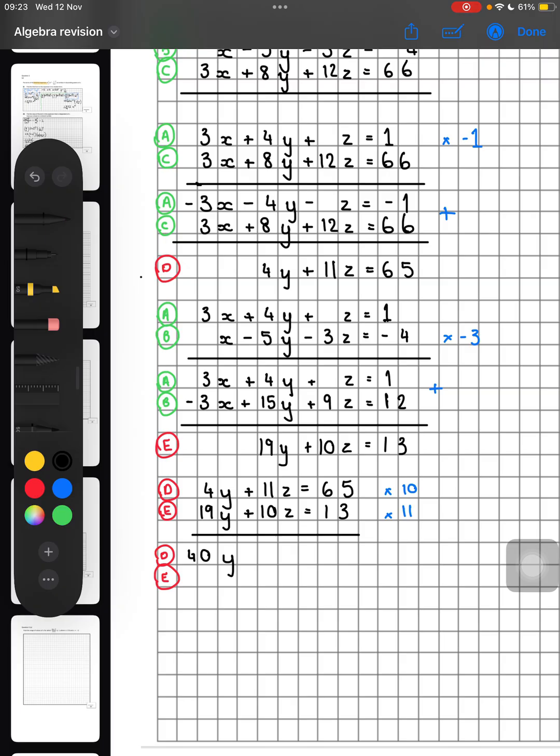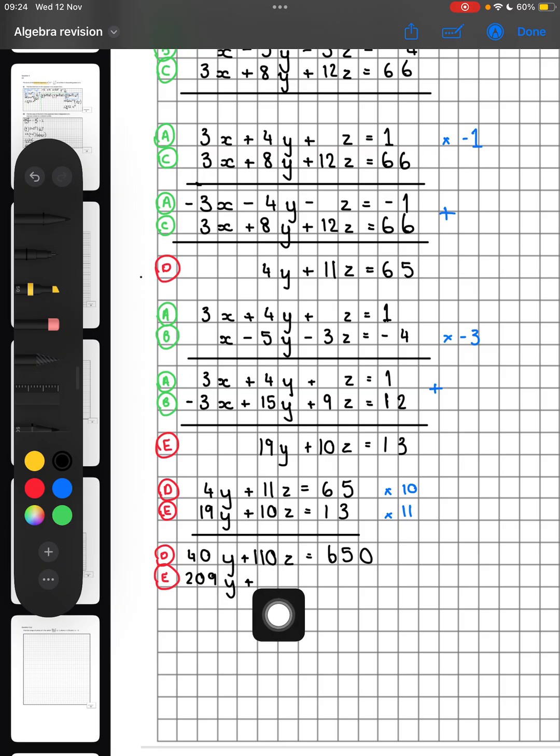Okay, so 40y plus 110z is equal to 650. And then 19 by 11 is 209y plus, oh sorry, that's the other thing. I should have recognised I wanted one to be plus and one to be minus.